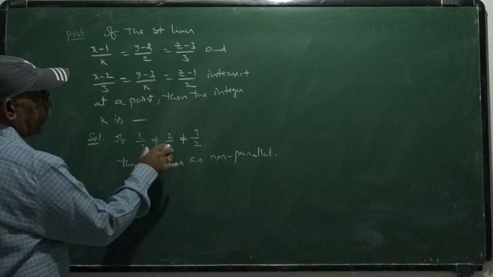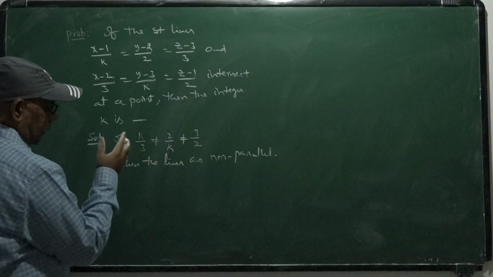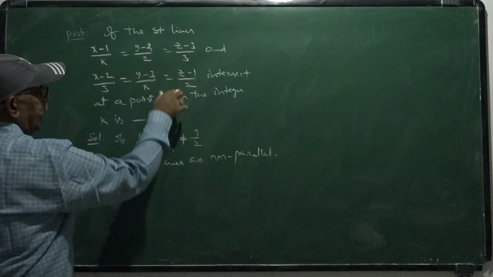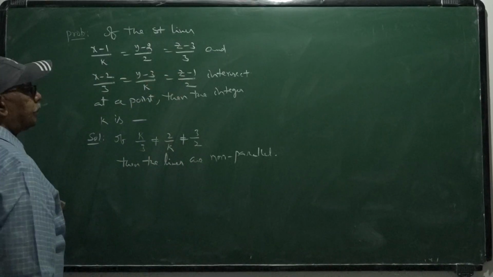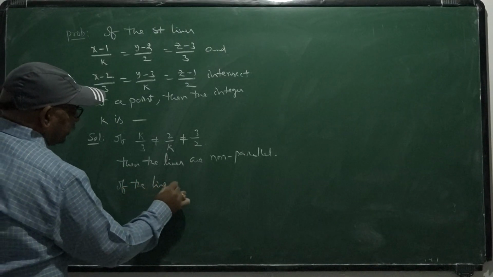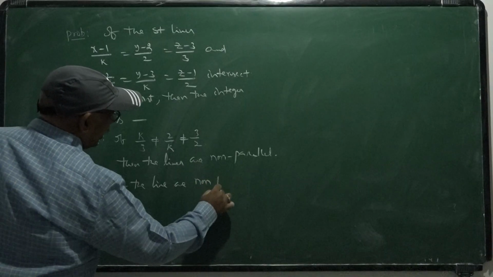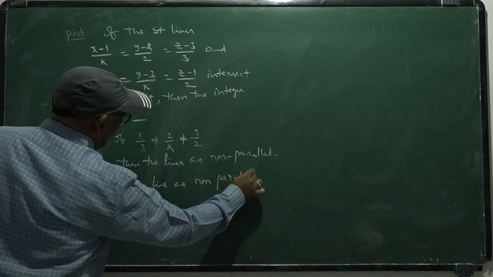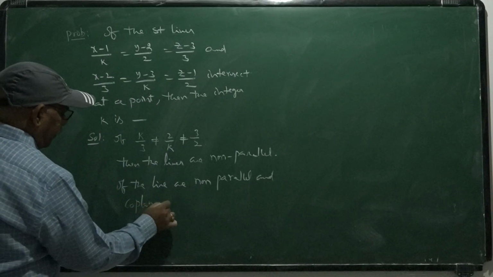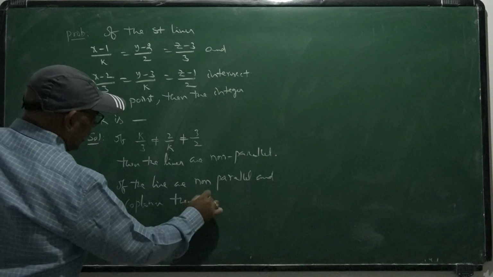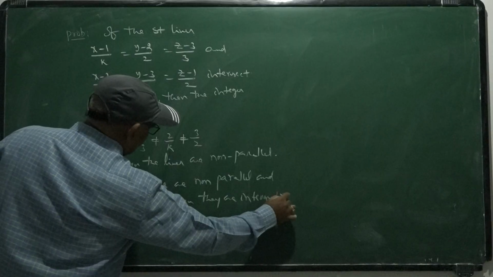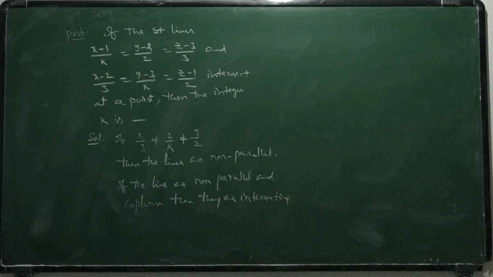If this inequality, that means if this relation follows between the direction ratios of the lines, then they are said to be non-parallel. If the lines are non-parallel and coplanar, then they are intersecting. Then they are intersecting lines.